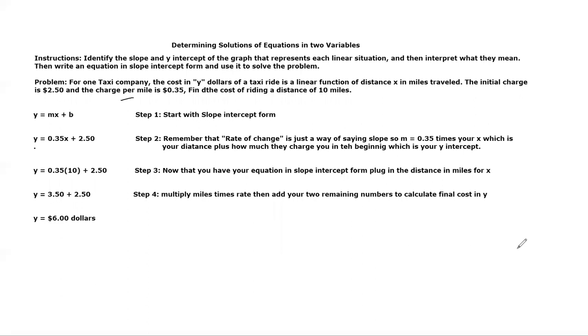They gave me a bunch of numbers, and I know I have to put those numbers into my equation, and I know I have to start with slope-intercept form, but how do I know what's my slope and what's my y-intercept when they're talking about money? Every problem is going to have a different value. They could be talking about money, distance, temperature, whatever.